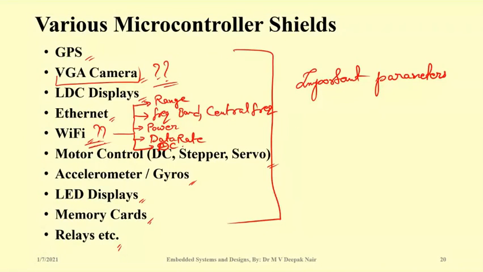It is not that you always go and choose Wi-Fi. There are so many wireless modules or shields available. So do go study those things, understand at least a few of these parameters, and then move into the domain. Otherwise, you cannot design a good system unless you know the important parameters and limitations.